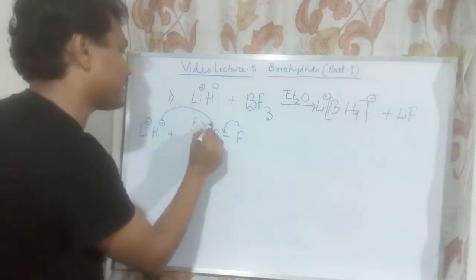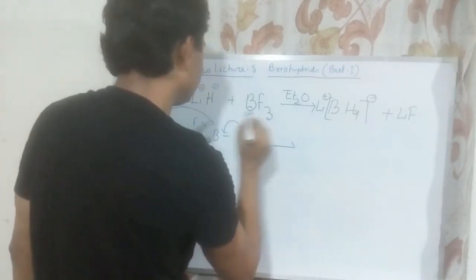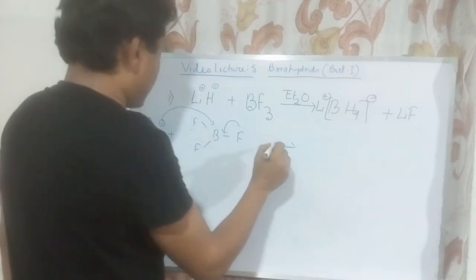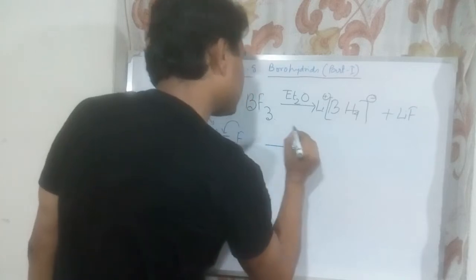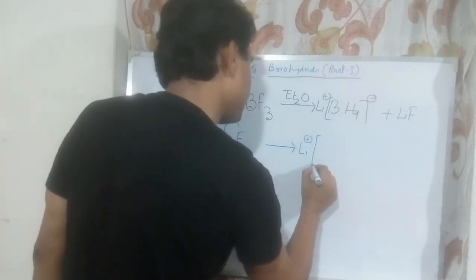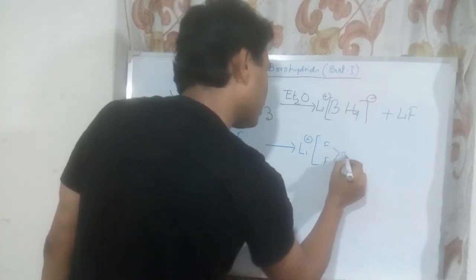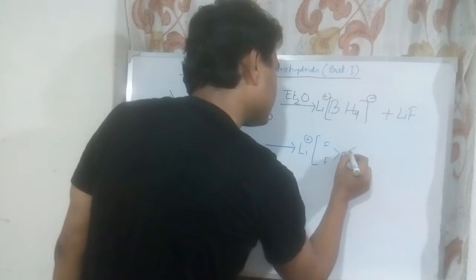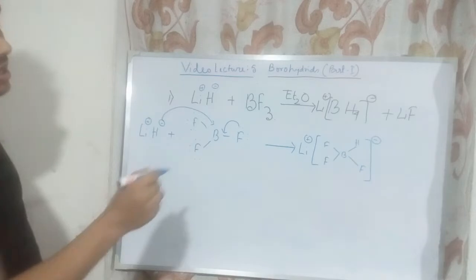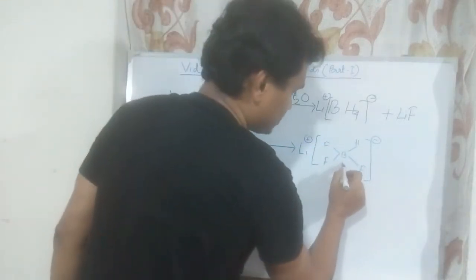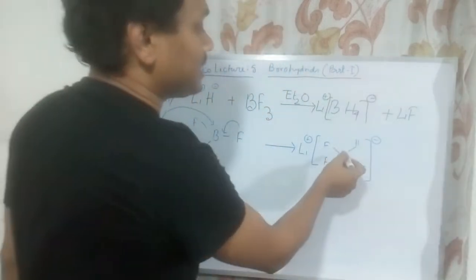So this hydride will attack here, and it will form an adduct, with lithium as the counter ion to maintain the charge balance, and this fluorine, boron, this fluorine, and this is the hydrogen. Okay, right now it is an 8-electron species. Okay, fine, but still it's carrying a charge.